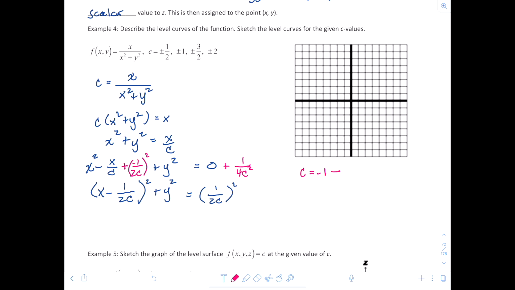Looking at our graph here, you'd end up with x minus -1/2, right?